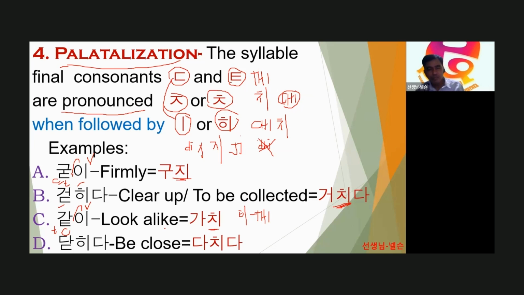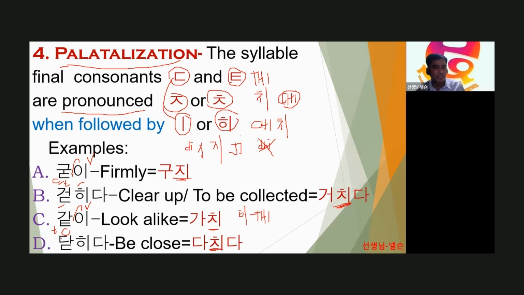And letter D, be close. It's the same as letter B. Digot followed by he will become chi. It's like mathematics, they have a formula when it comes to Hangul.